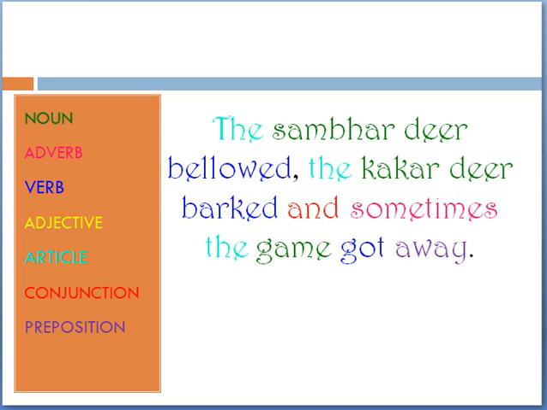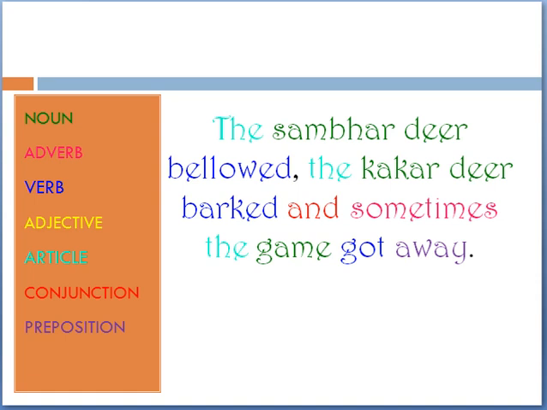Now sometimes is an adverb. Adverbs are those words which modify a verb; they tell us how, in which manner, when, where, or how often the action has been done. Okay, that means the frequency of the action.